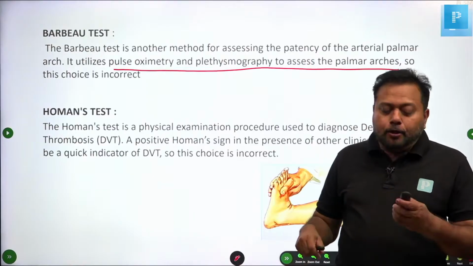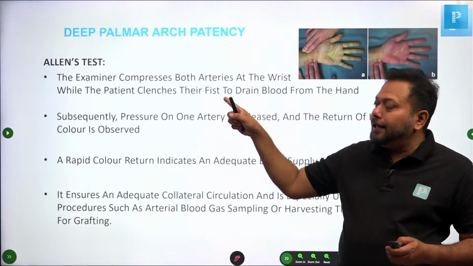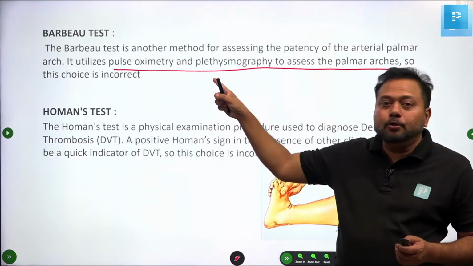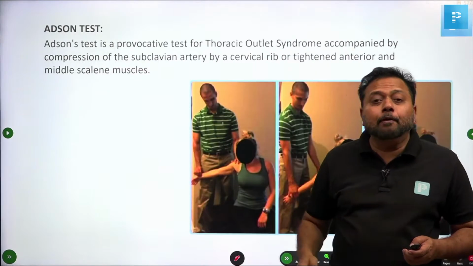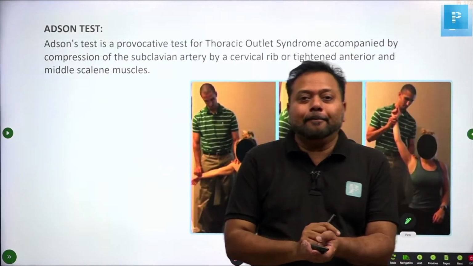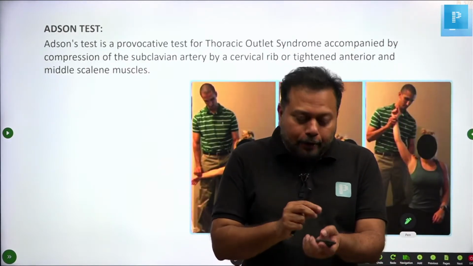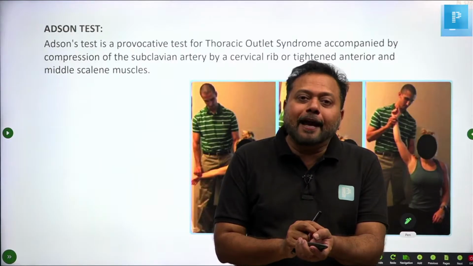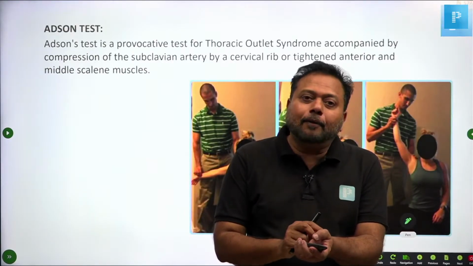Why? Either you should do an Allen's test clinically or a Barbeau's test using the pulse oximeter before puncturing the radial artery. Because in the ICU, when you want to collect an arterial blood gas sample, you will collect it from the radial artery.